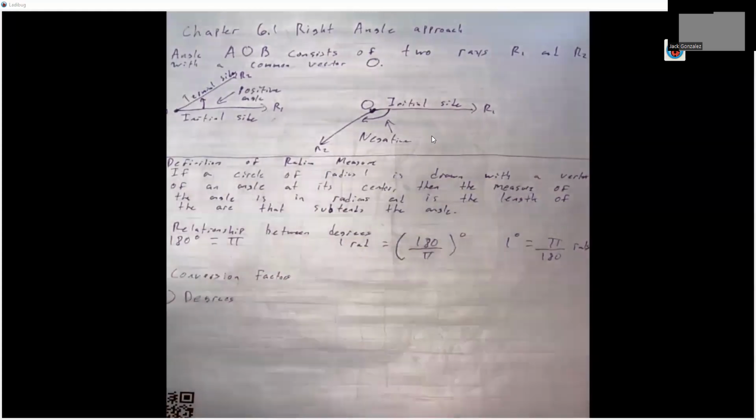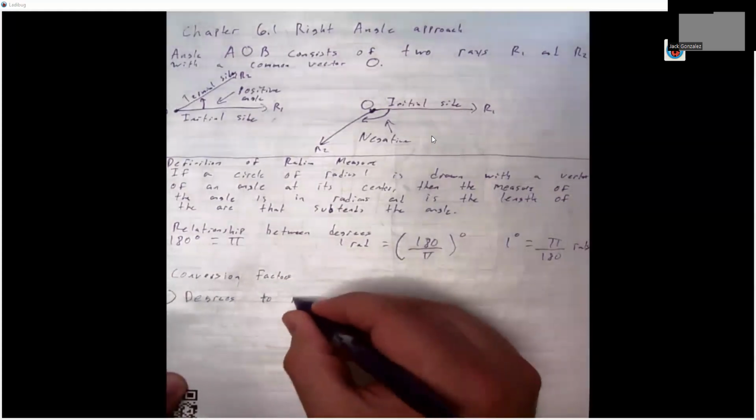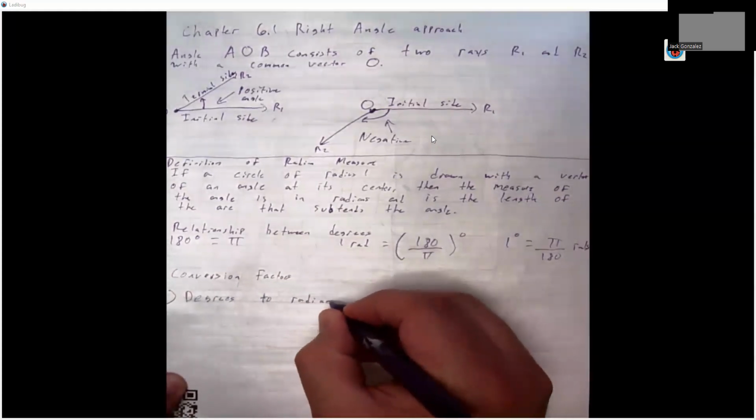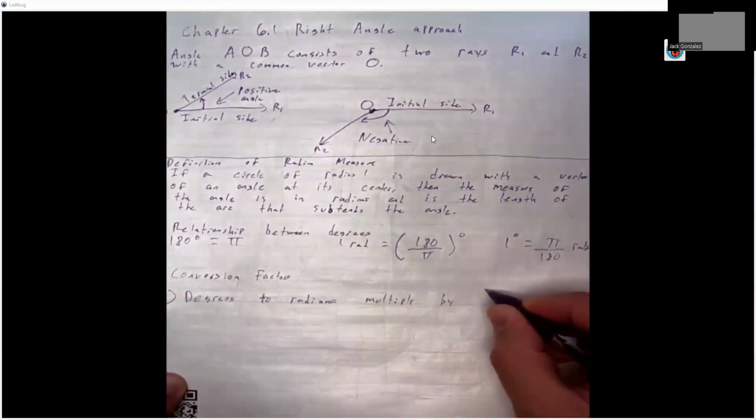If you haven't, well, we're going to do it now. But nothing that crazy, just a basic conversion. So degrees to radians, I'm going to make it simple for you. Multiply by pi over 180 degrees.